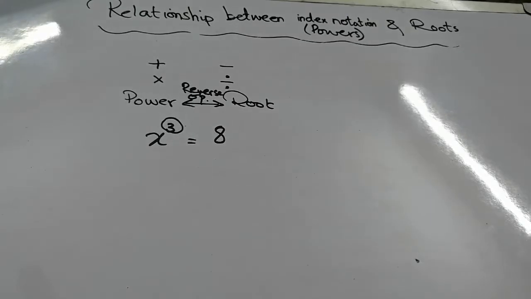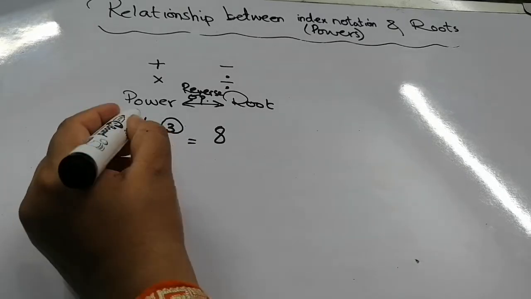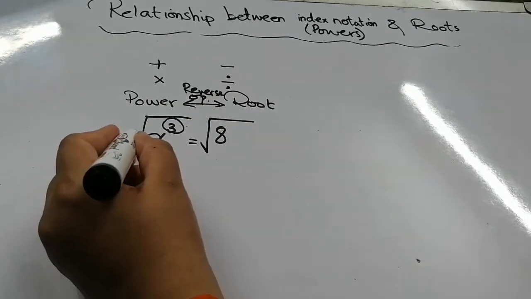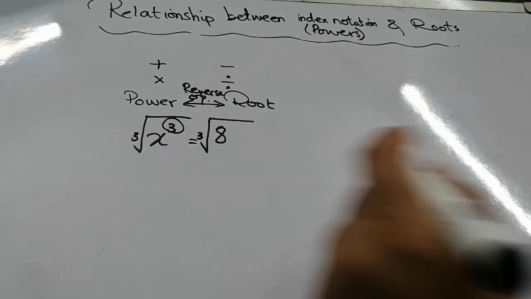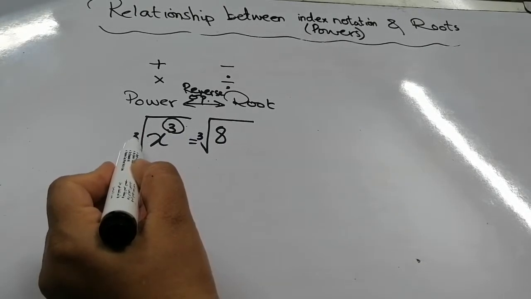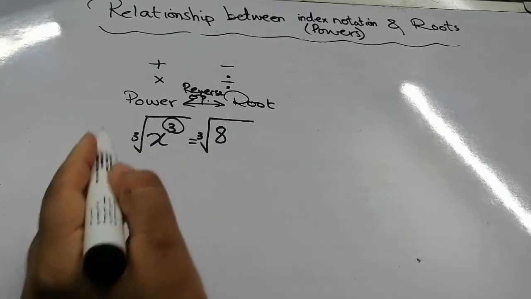But what should I do? Because x is not with power 1, but x is with power 3. So to get rid of this power of 3, I need to take a root on both sides. Which root will I take? I will take the cube root, so that this cube root can be cancelled with the power of 3. So now these both will be cancelled.